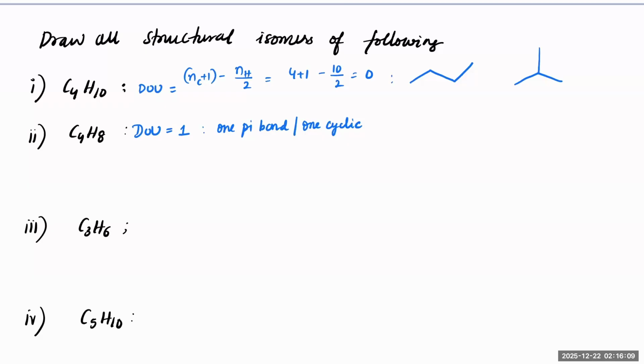If it is one pi bond, how can that be? 4 carbons. You can put the pi bond here. I can keep the pi bond here. These two are the forms I can have.